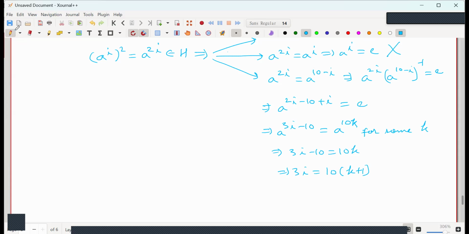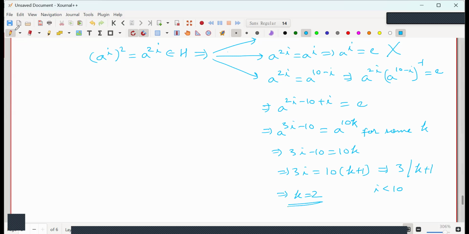So 3 cannot divide 10. So 3 has to divide k plus 1. So 3 must divide k plus 1. And i is strictly less than 10. So this 3i cannot go beyond 30, right? So this k has to be 2.